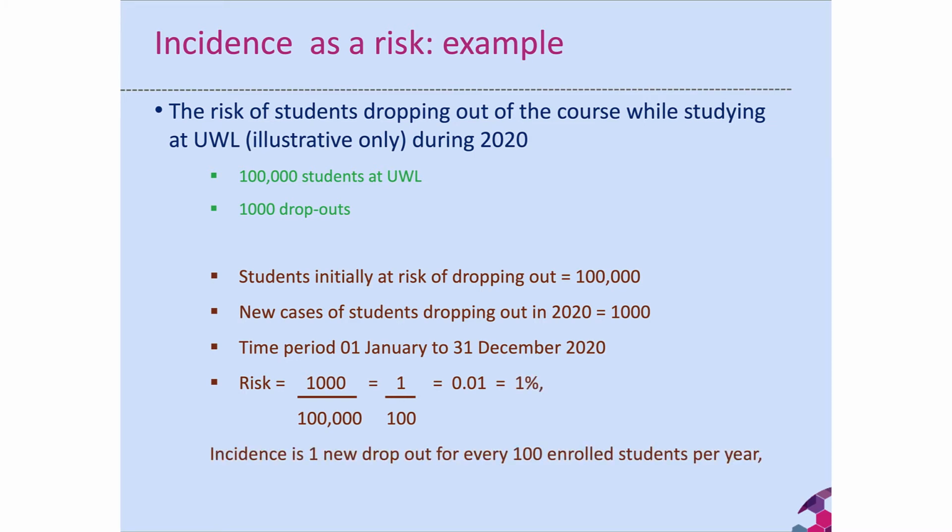Or we can write it as the incidence is 1 new dropout for every 100 enrolled students per year, or 1 per 100 students per year. Usually written as either 10 per 1,000 enrolled students per year or 100 per 10,000 enrolled students per year.